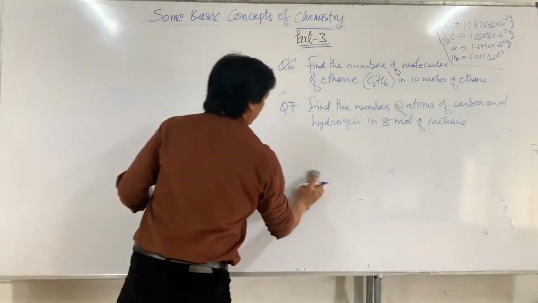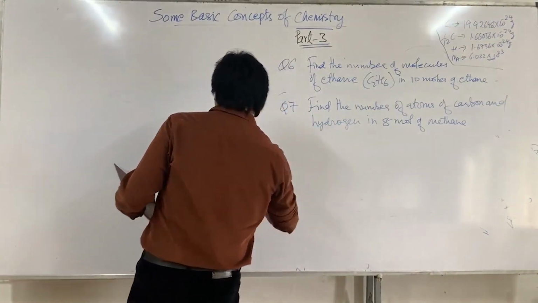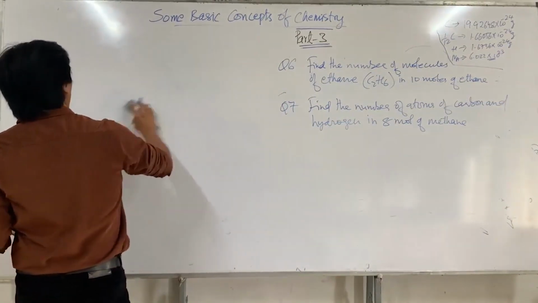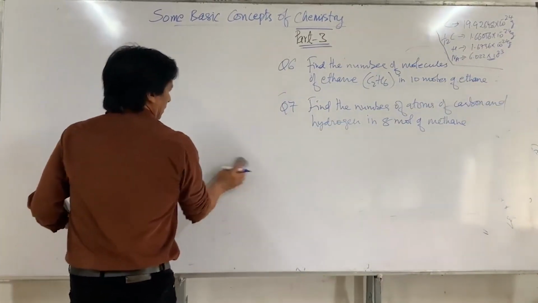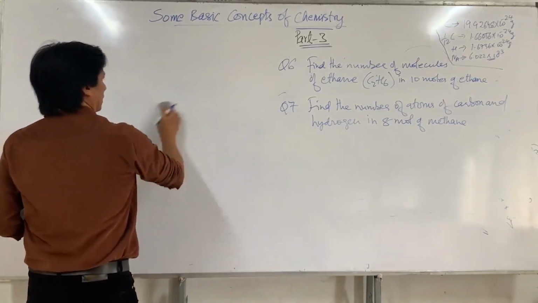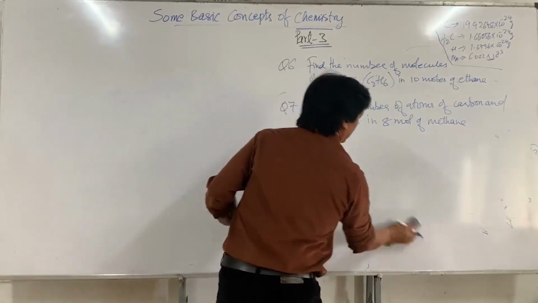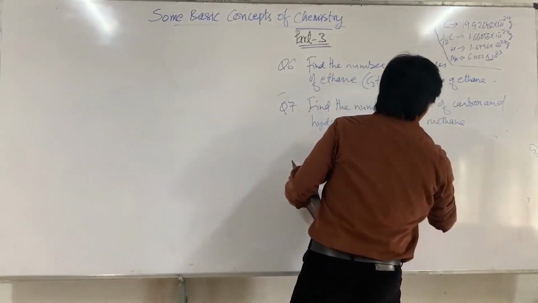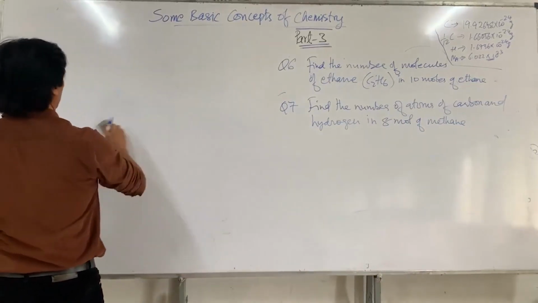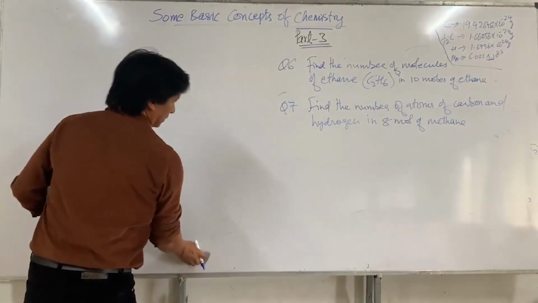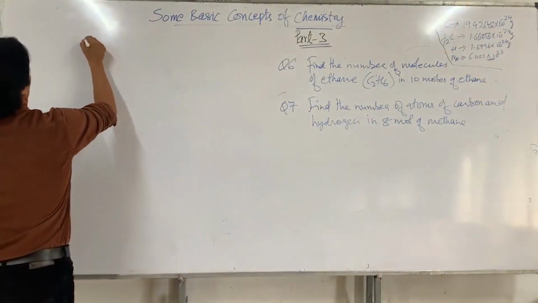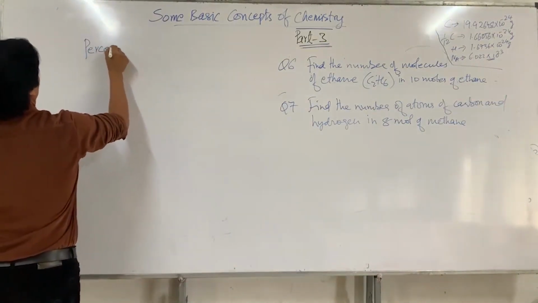Now in fact it's very important to know the purity of a compound. So in order to know the purity of a compound, we find the mass percent of each element present in it and then compare it with a pure sample of the compound. That is what is done.